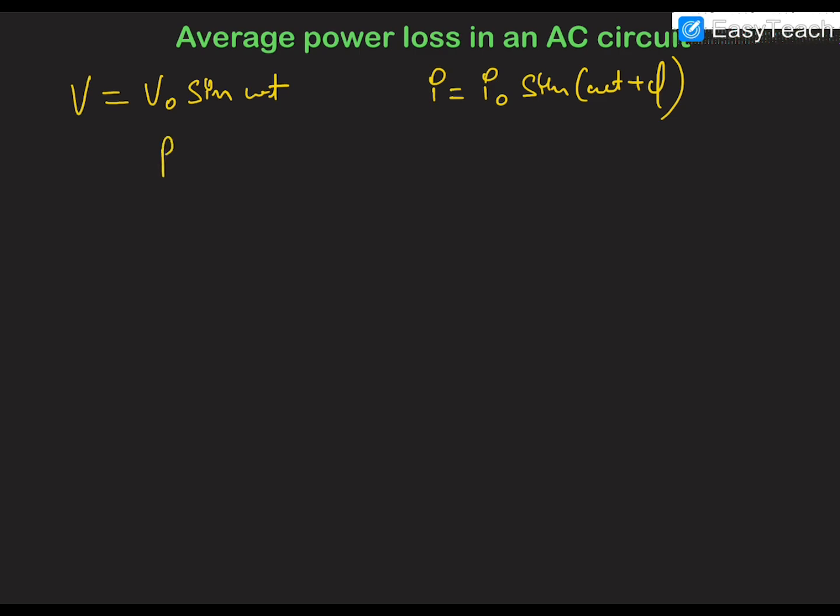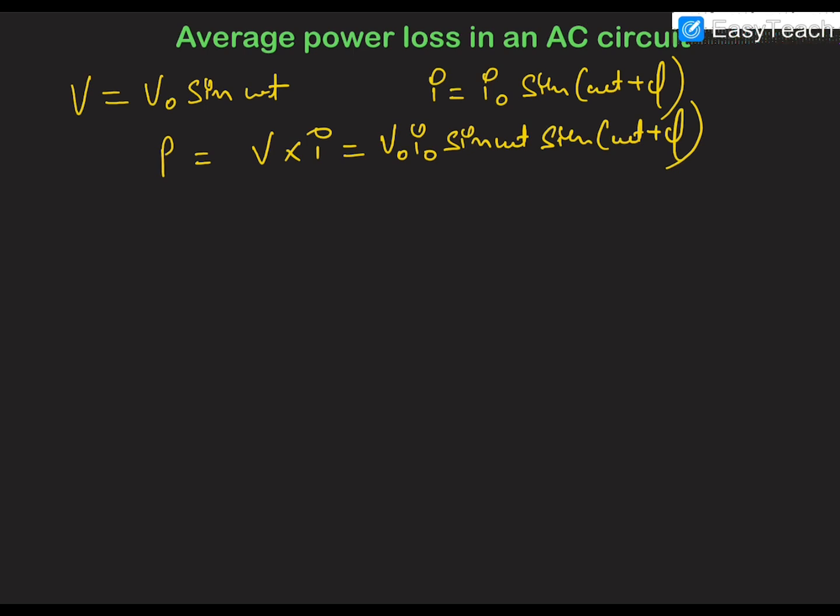So I can say that the power is V into I, and this is the instantaneous power, so it would be V naught I naught sine omega t and sine omega t plus phi. This is obviously the instantaneous power.